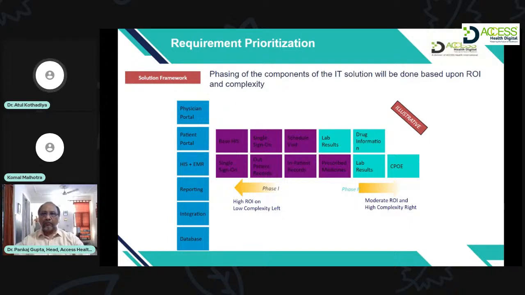Those with a moderate ROI, or maybe high complexity, will fall on the right-hand side of the axis, and are taken as phase two or phase three requirements. So this prioritization is also very important in any implementation of a hospital information system. Next slide, please.